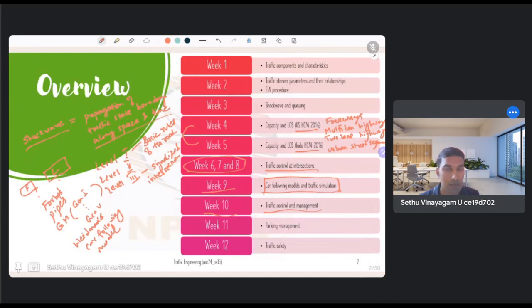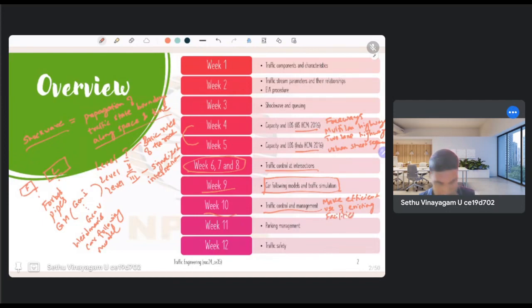So here the idea is how to make efficient use of existing facilities.